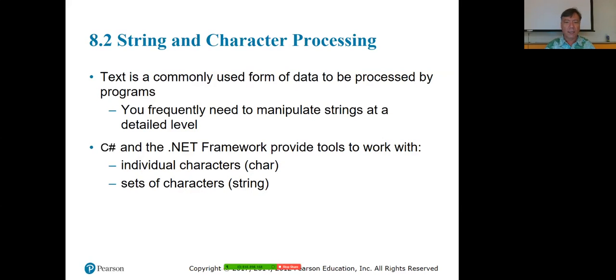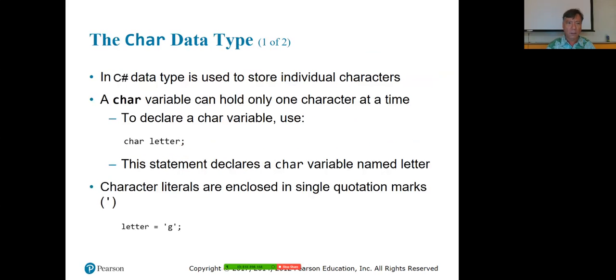C# and the .NET framework provide tools to work with individual characters and with sets of characters, which are, of course, strings. And so we have this character data type, which is used to store individual characters. A char variable can hold only one character at a time, and it's declared with the char keyword.